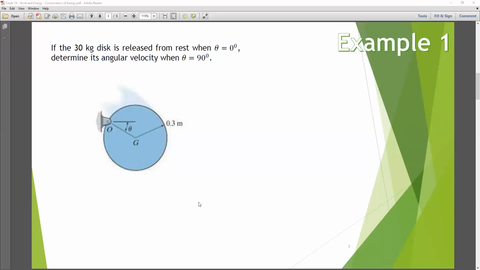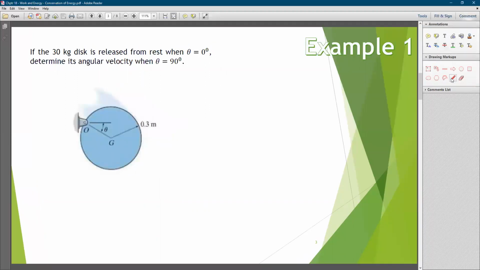Okay, let's redraw. Initially, I drew it a bit smaller. Initially, it is like so. This point there is the initial position, and the final position is position number 2. What happens is it will move like that.